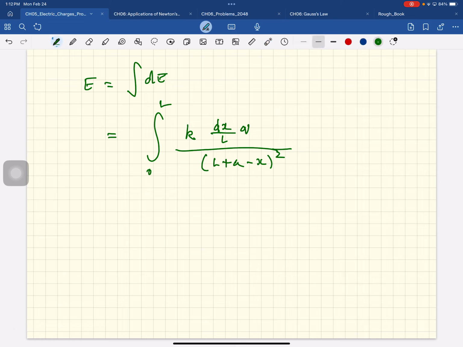All right, so let's pull out all the constants: KQ over L, integral from 0 to L of dx over L plus A minus x squared.